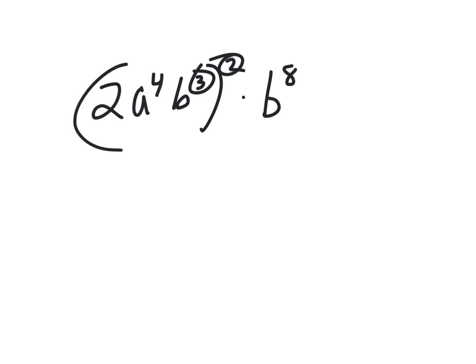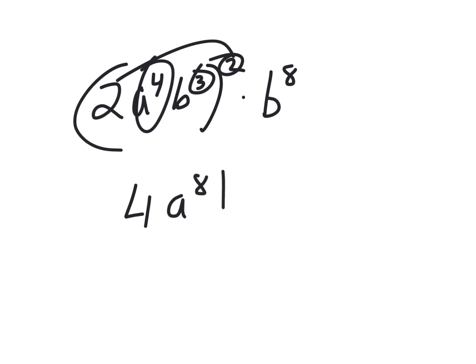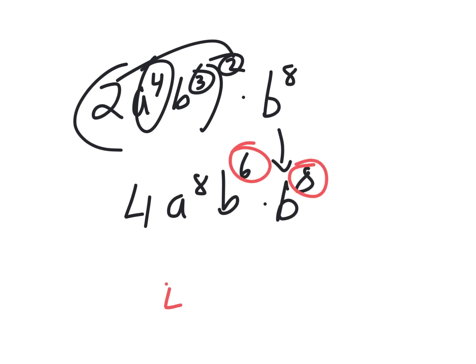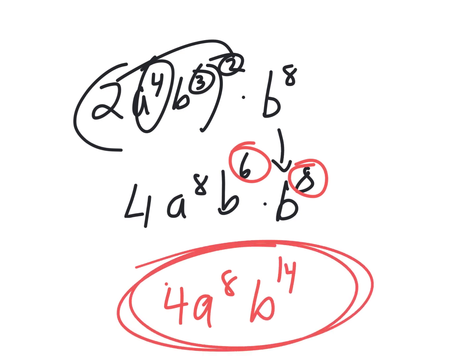And in this case, you multiply those powers. So this would be 2 squared is 4, A to the 8th, B to the 6th, and then you times by B to the 8th. And this is the kind where you add them. 4A to the 8th, B to the 14th. That's probably the second most missed top 20.